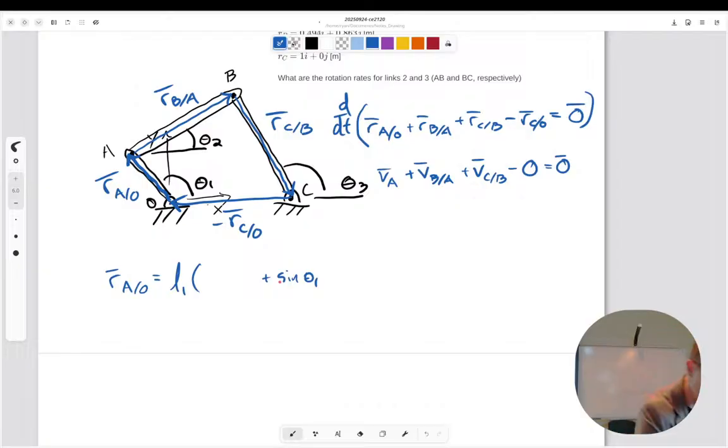Y direction. What about the x direction? How far is it along the x direction? I know it's going negative, and you're trying to figure out quadrant 2. Is it 180 minus theta, is it theta?